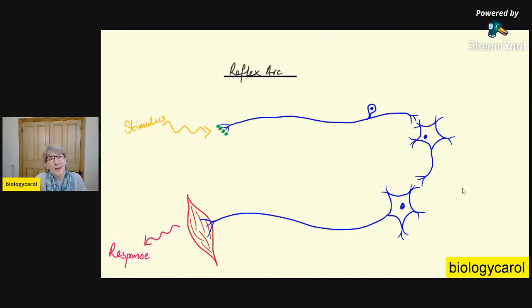And now, here we go, now we are redrawing the reflex arc to A-level standard of neuronal structure.